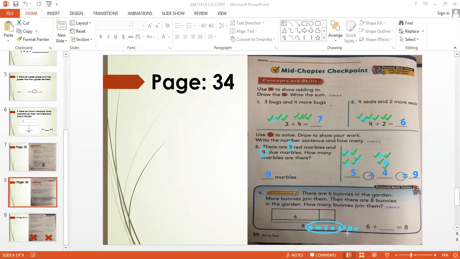So let's circle 6 of them. So how many were remaining? So how many bunnies come and join them? Yes, the answer is 2 bunnies. 2 bunnies come and join them. So what is 6 plus 2 equals 8.